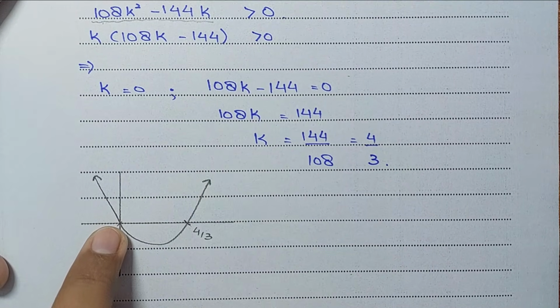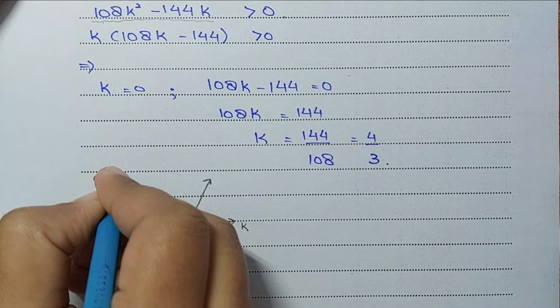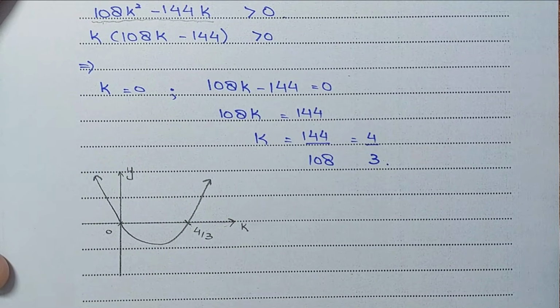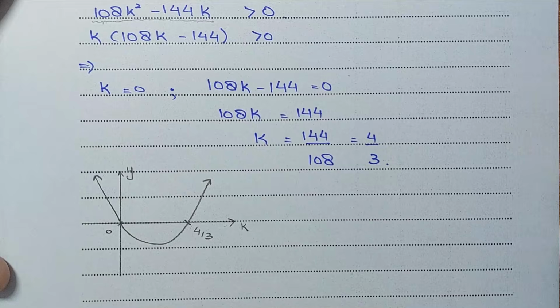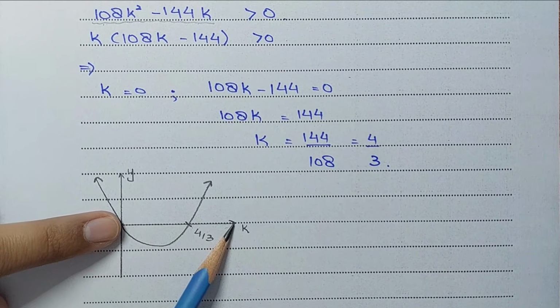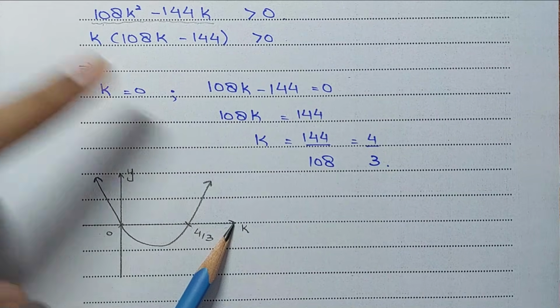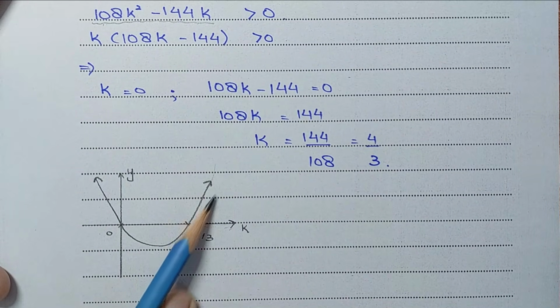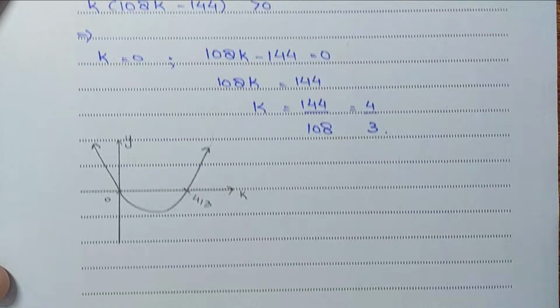It is greater than 0 when, basically, this is the k axis and these are the y values, right? Now the parabola is positive when the k values are less than 0 and when the k values are more than 4/3. This shows that the values are more than 4/3 and this shows that the values are less than 0, right?